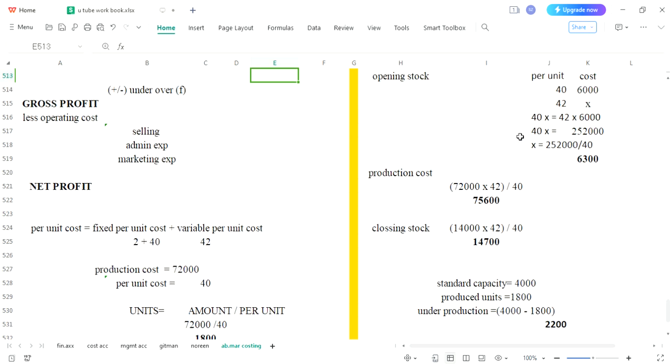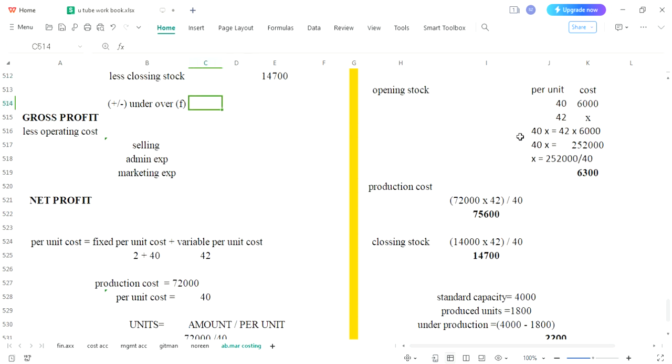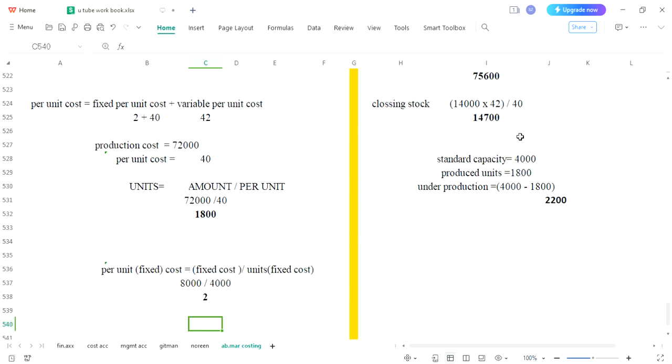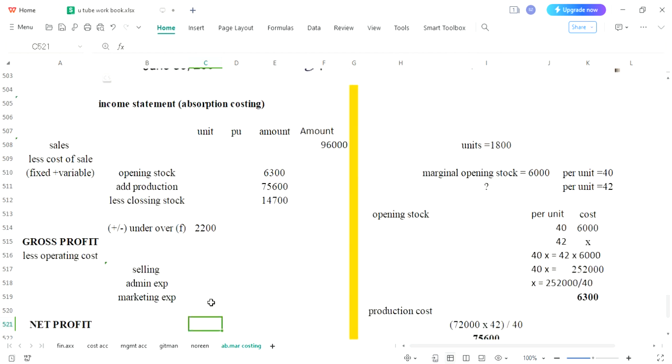We will come over here. Number of units we do know, 2200. And now we will see per unit fixed cost, which we have already calculated. Look at here. Per unit fixed cost was calculated by dividing fixed cost by units. 2 is your per unit cost.